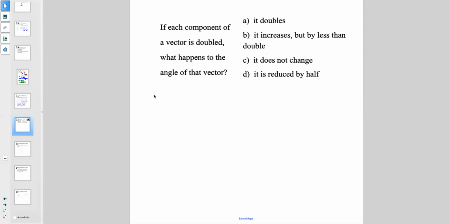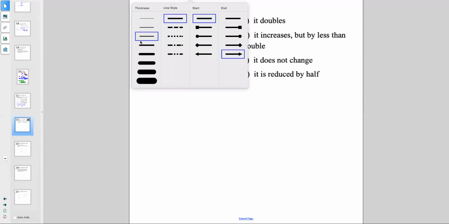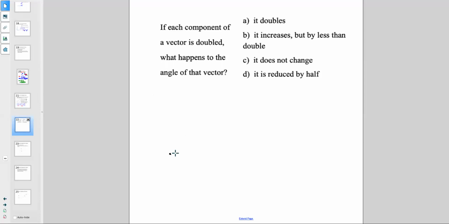So let's do this. I have my x direction and my y direction. Okay, so that's x and y.